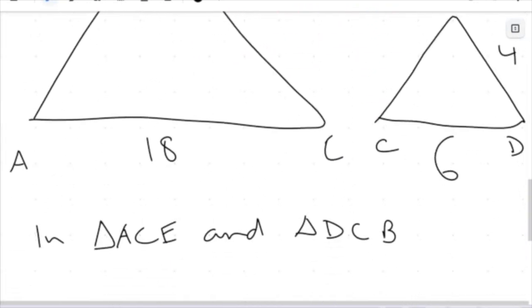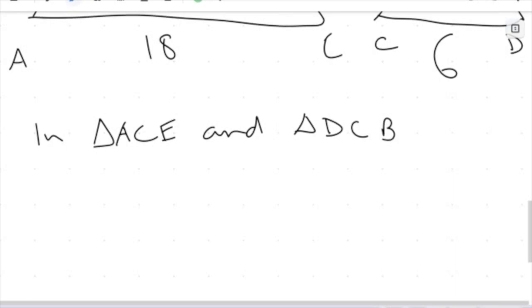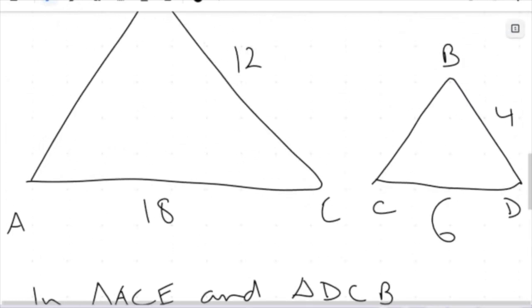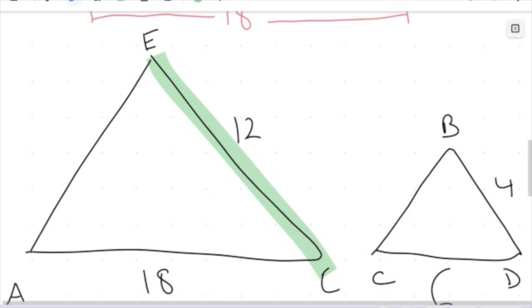So I want to check the scale factor. I'm going to first look at the ratio of AC to DC. So AC over DC equals 18 over 6, and that equals 3. Now I'm going to check another one here.